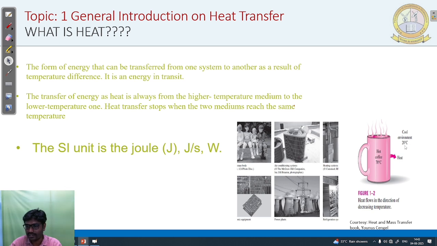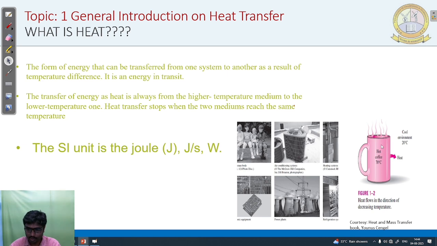You can see here the hot coffee is at a temperature of 70 degrees Celsius, and the environment temperature is 20 degrees Celsius. As we know, heat always flows from higher temperature to lower temperature. So in this case, heat is flowing from the hot cup of coffee to the cold region, so after a particular time the coffee has a reduced temperature, and we could see the coldness in the coffee.